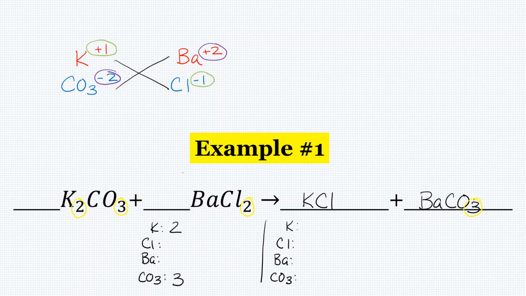If it doesn't tell you, like in the case of barium, we assume it's a 1, and 2 chlorines. So I'm going to do the same thing on the other side, just fill in what we have. Oh, I made a mistake. My carbonate, that 3 is part of the carbonate, so we actually only have 1. So to balance this reaction, all I need to do is put a 2 in front here. That's going to give me 2 potassiums and 2 chlorines. And that's all we need to do to balance the first one. Gives us an easy one to start off.